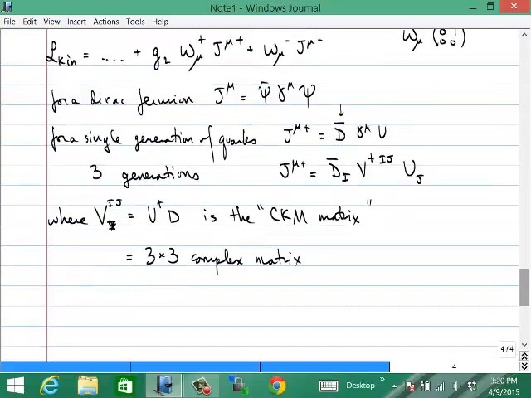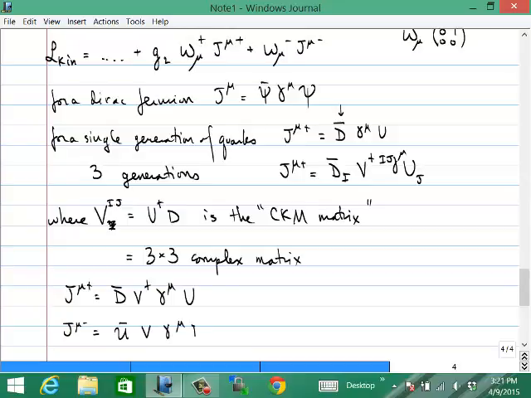And so if you work out what the currents are, J mu plus is going to be something like d bar, V dagger, gamma mu, u, and J mu minus is something like u bar, V, gamma mu, d, then the fact that V is complex means that the currents J mu plus and J mu minus are not real.